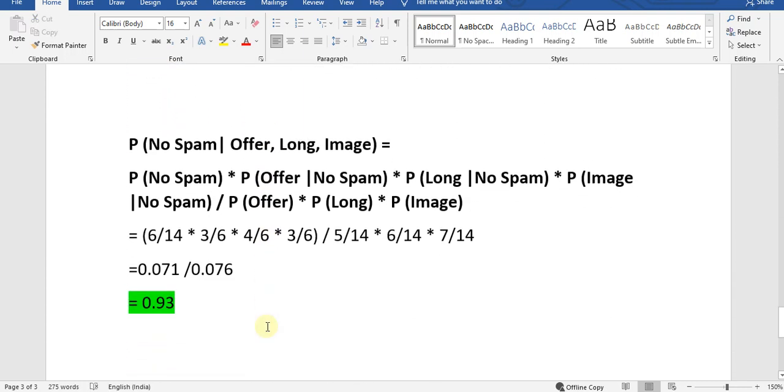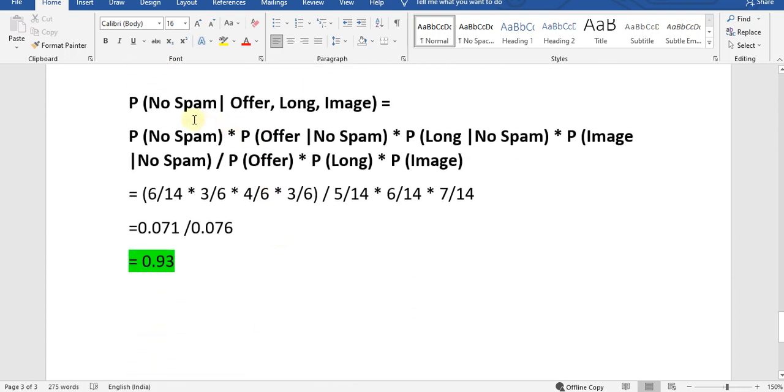Now I will change it, and calculate the probability for no spam, with the same set of feature values, that is content equal to offer, email length equal to long, and attachment equal to image.